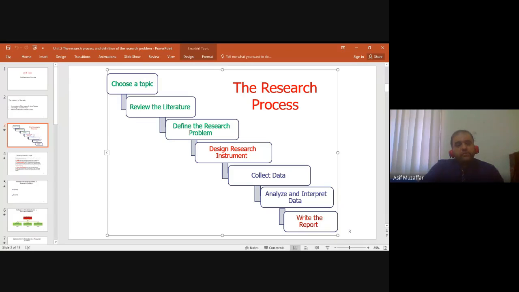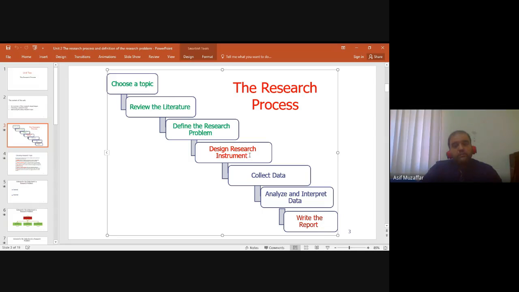So let me go through the whole process. First of all, you will choose the topic, then you will review the literature. After reviewing the literature, you will define your research problem. And here in this research problem, you must know whether you are making a theoretical contribution or contextual contribution.